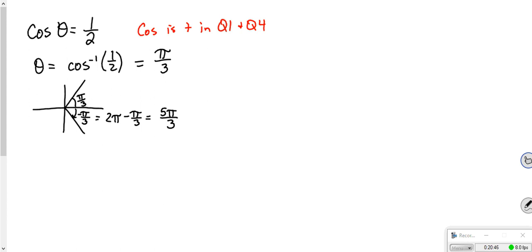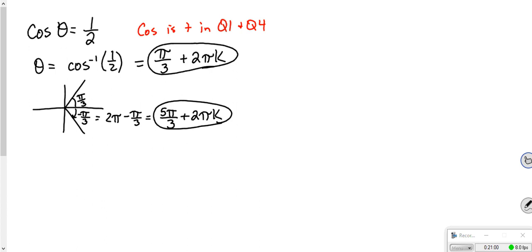So we actually have two answers. We have this answer that we need to add 2 pi k to, and we have this answer that we need to add 2 pi k to. So these are the two answers for the first blank, because it occurs in the first quadrant and in the fourth quadrant.